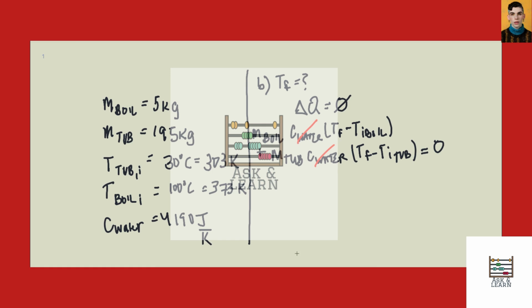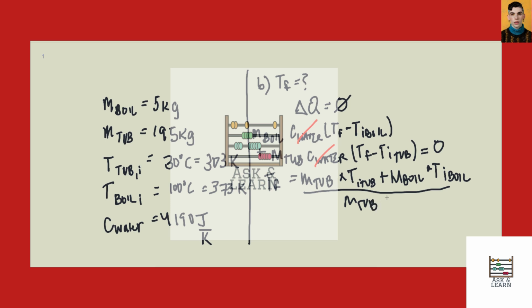If you take this and algebraically manipulate it, then you'll get T final equals mass of tub times T initial tub plus M boil times T initial boil, divided by the sum of the mass of the tub, not the mass of the tub, the mass of the water in the tub, plus the mass of the boiling water.